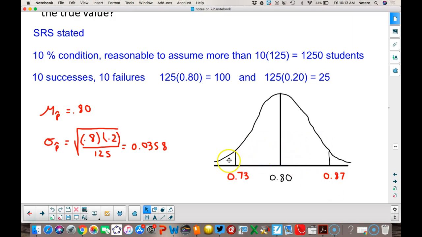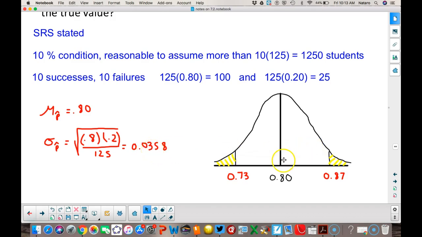We could calculate the area in each of the tails, noting that they're symmetric because we have a normal distribution, and then subtract that from 100%. We could calculate the z-scores and use our table, which we'll talk about in a moment. However, you might note that our standard deviation is about 3.5%.